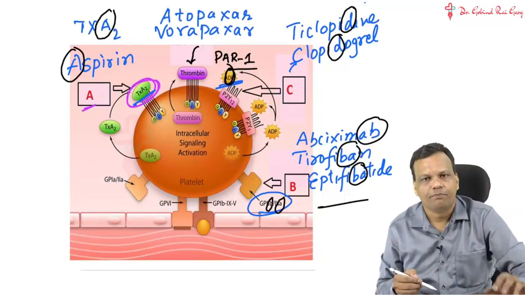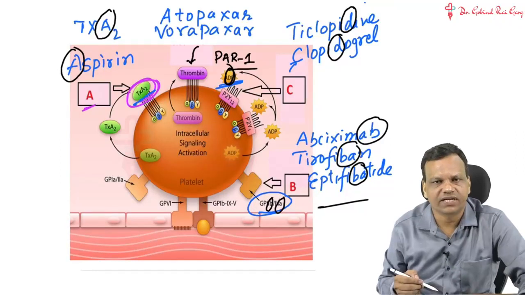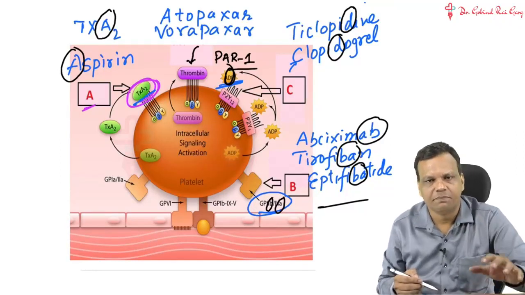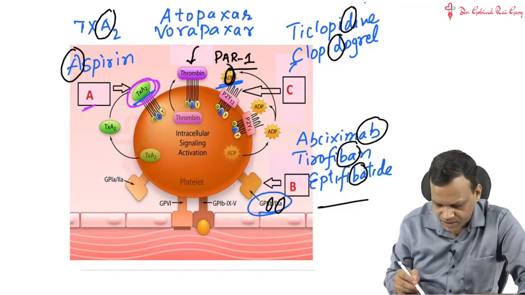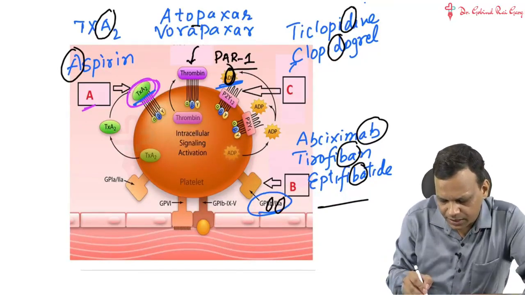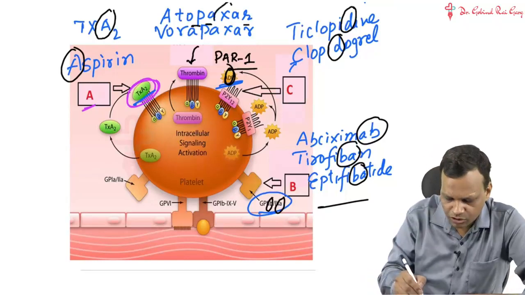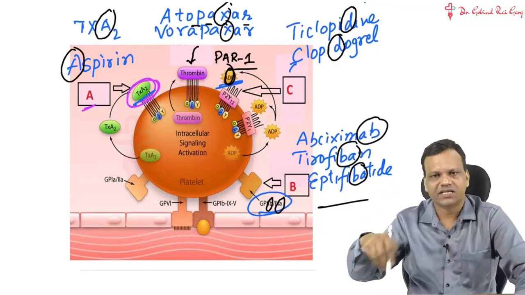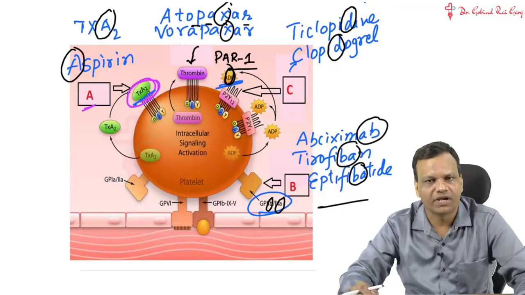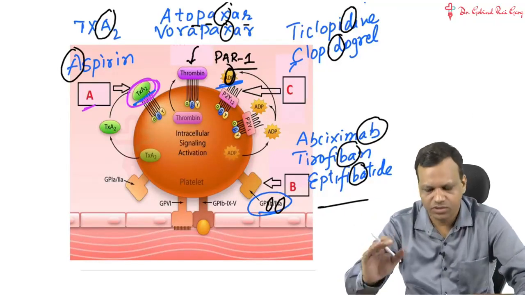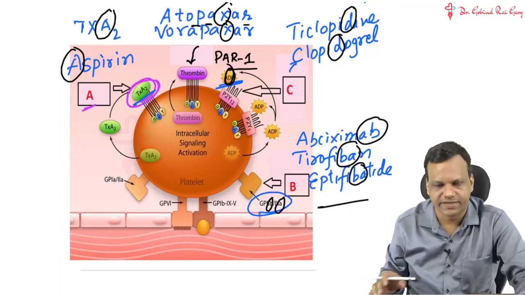They inhibit protease activated receptor 1 of thrombin, and again from the name you can remember these. Their name contains PAR, protease activated receptor, and xar means antagonist. Paxars are PAR antagonists, thrombin antagonists. Clear? So these are the important antiplatelet drugs.